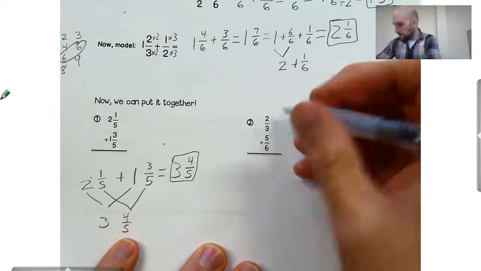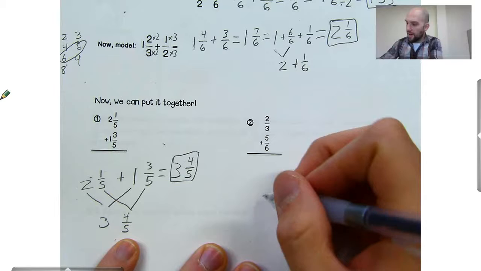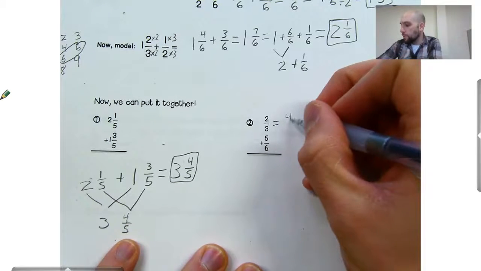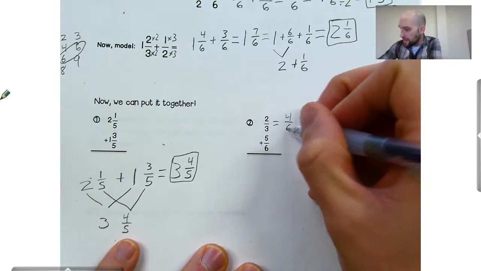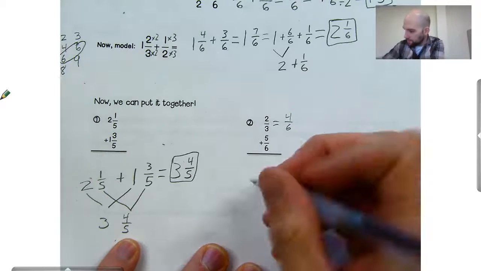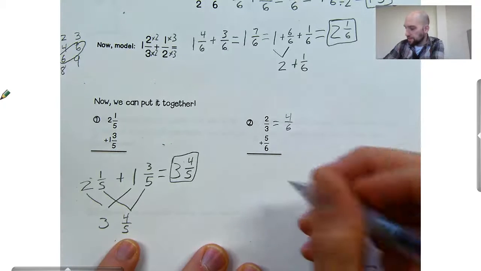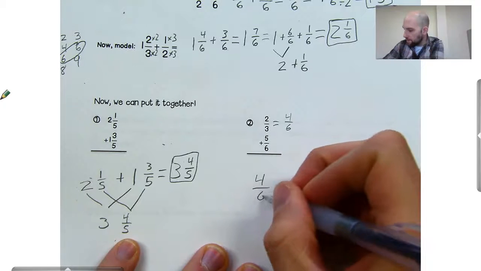So I have 2/3 plus 5/6. Well, 2/3 equals 4/6. I can make my denominators the same quickly here. And then I'm going to have 4/6 plus 5/6. I'll write that out.